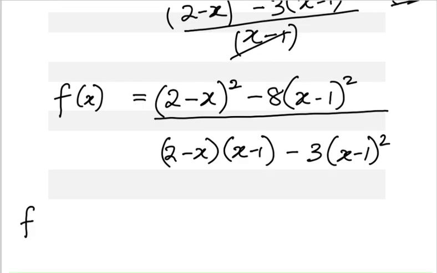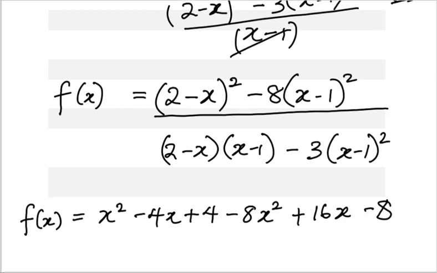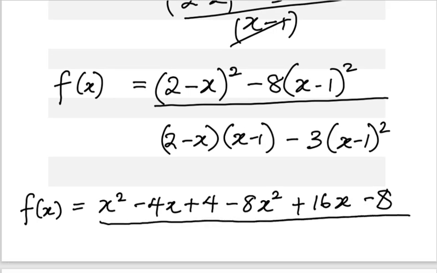Expanding this, we have that f of x will simply be x squared minus 4x plus 4 minus 8x squared plus 16x minus 8, all over the expanded denominator.